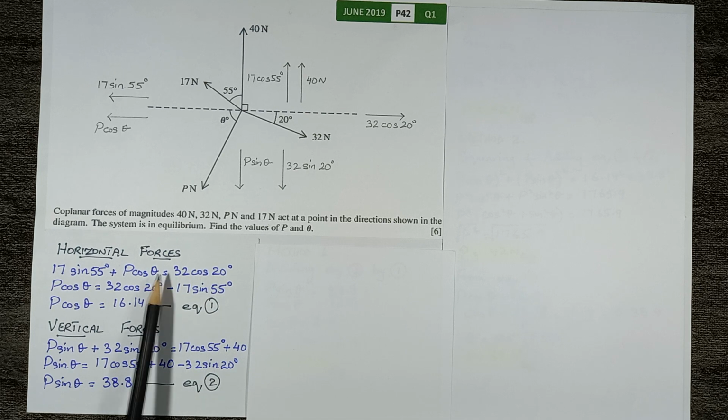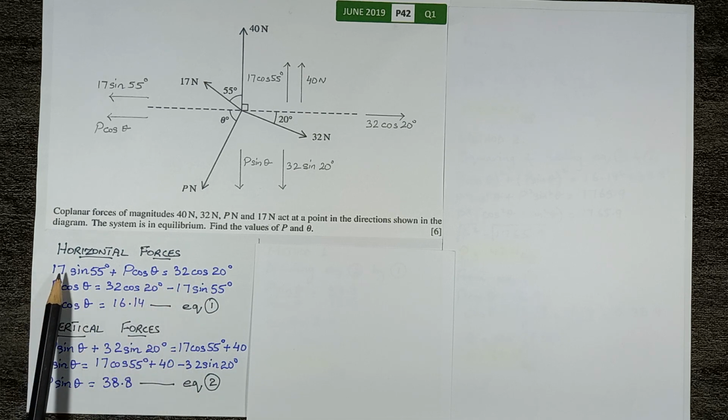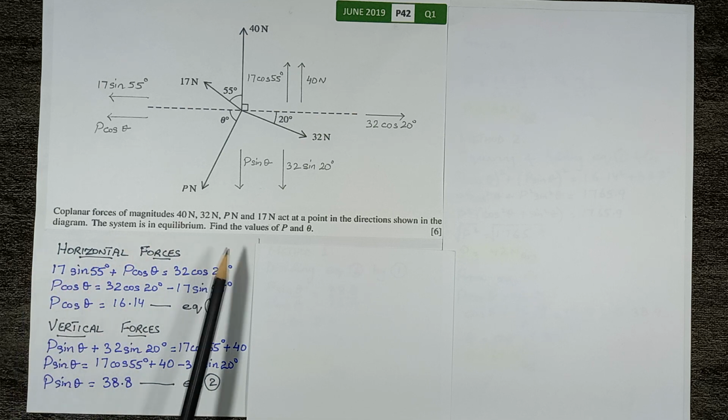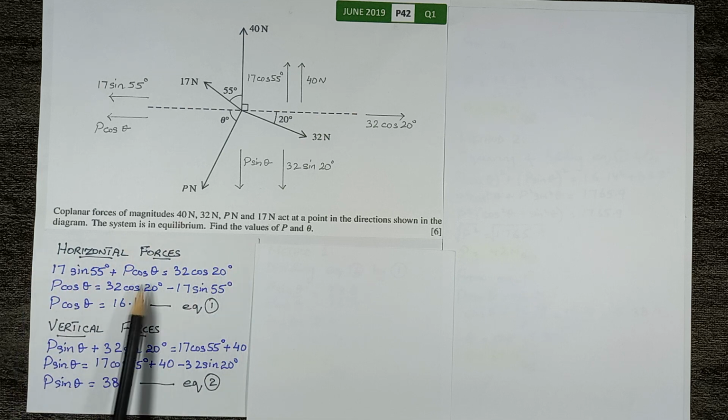So we have an equal sign. By simplifying 17 sin 55 and 32 cos 20 and then rearranging, we can say that P cos theta is equal to 16.14, by moving this to the other side and subtracting. Equation 1.